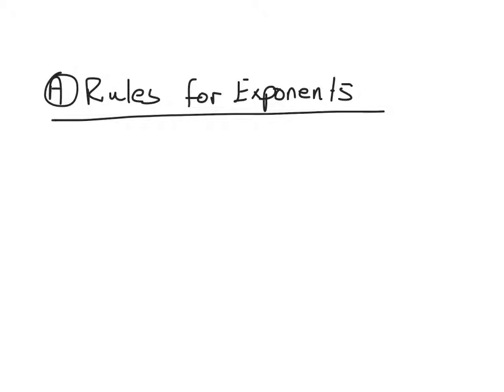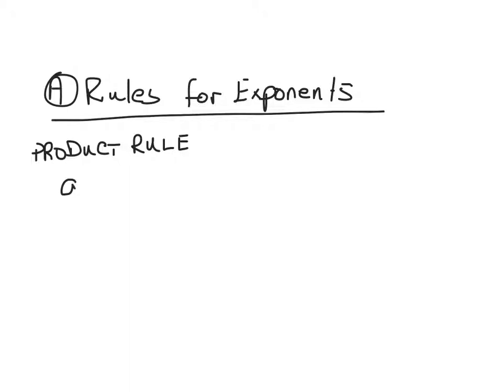So the first rule we're going to look at is called the product rule. Hey class, what does the word product mean to do in mathematics? It means to multiply. That's right. So we're dealing with when we're multiplying and our bases are the same. It'd be a situation like this.